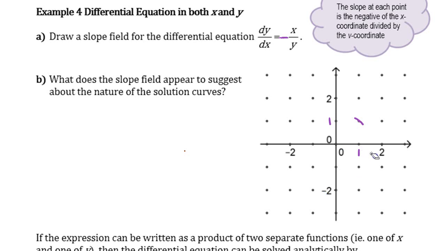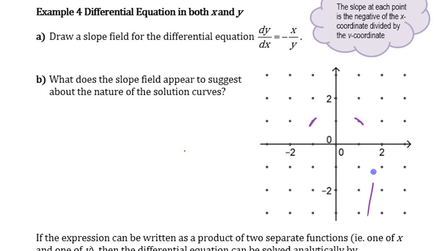For the same reason, if I go over to this point, I've got negative 1 and positive 1. So I have negative 1 over 1, but then make it negative. That's positive 1, right? So for all of these things, try to use what you know about points.